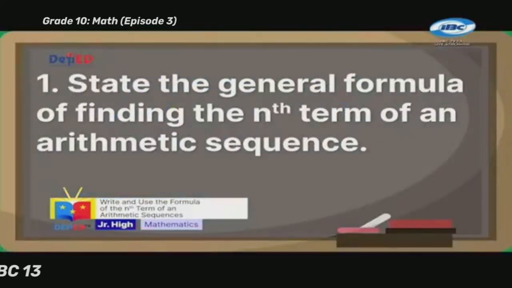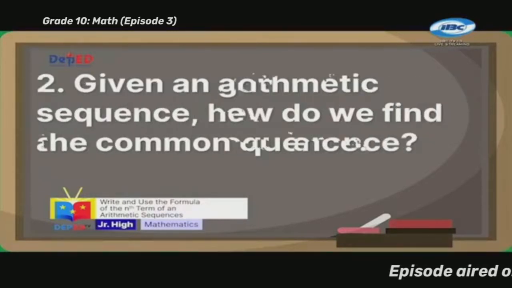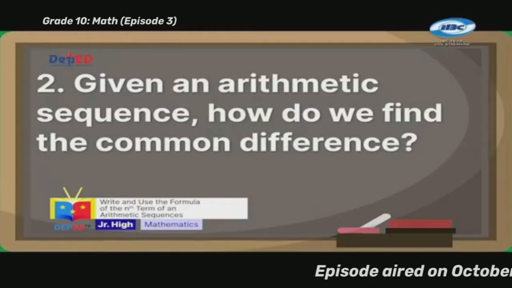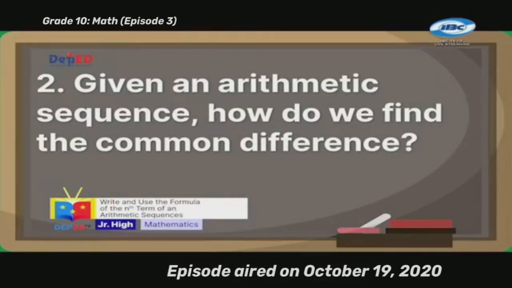Item number 1. State the general formula of finding the nth term of an arithmetic sequence. Item number 2. Given an arithmetic sequence, how do we find the common difference?